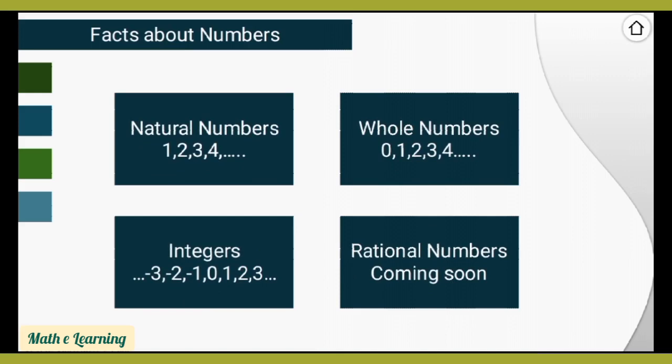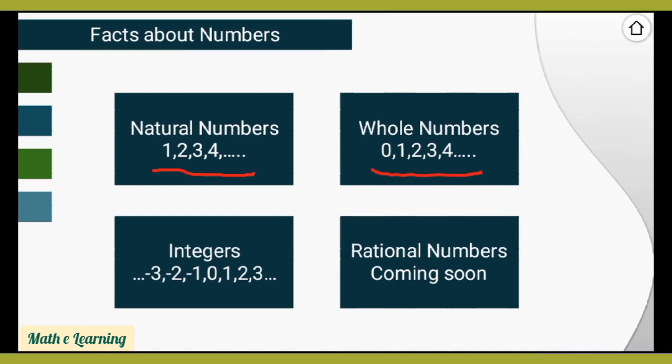First of all, what is a natural number? We know that a collection of 1, 2, 3, 4 up to infinity is called natural numbers. And what is a whole number?